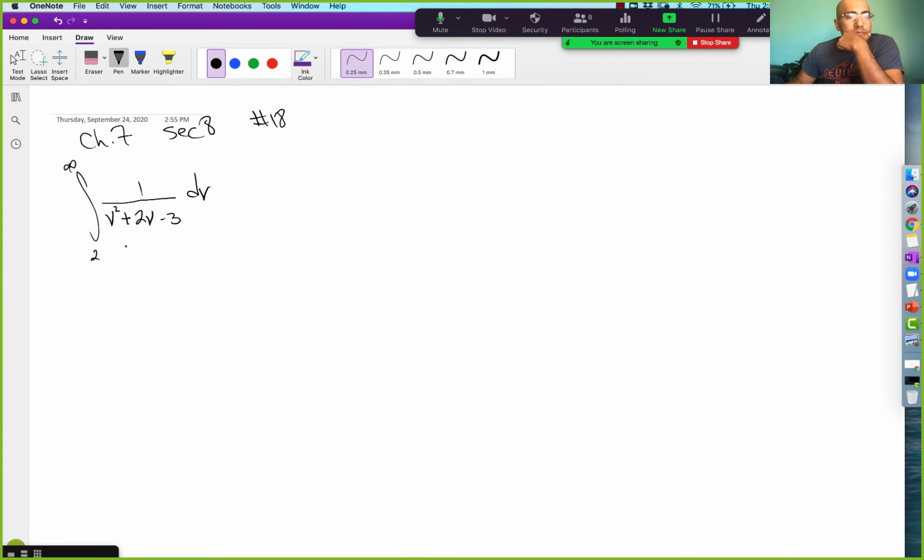Okay, so first of all, let's try and factor this. That'll be equal to the integral from 2 to infinity of two numbers multiplied to -3 but added to positive 2. It'll be positive 3 and minus 1. So that'll be b plus 3 times b minus 1 over 1 db.